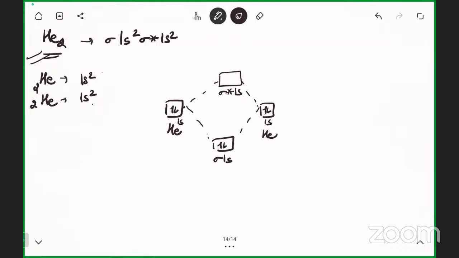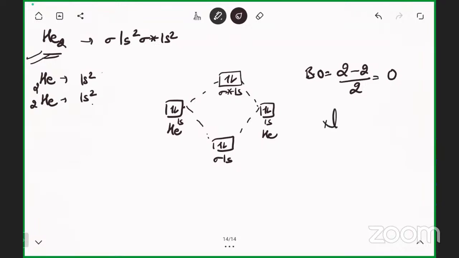See, in sigma 1s we have 2 electrons, and in sigma star 1s we have 2 electrons. So when we calculate the bond order, it will be 2 minus 2 upon 2, which is 0. So the bond order of He2 is 0.